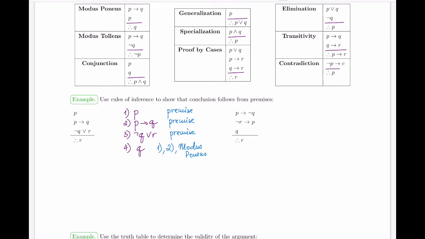Well, I noticed that between the 3 and 4, having not Q or R and then Q, is actually of the same form as elimination. I have a premise where two statements are connected with an or, and then I have a negation of one of them, which makes me conclude that it's the one not negated that must be the conclusion.